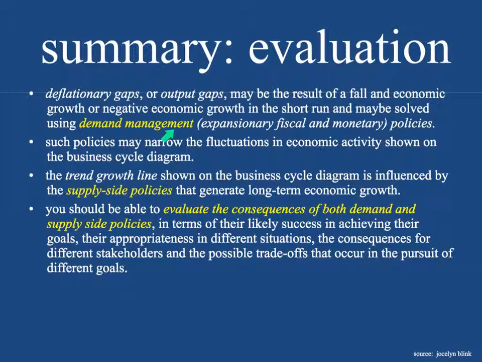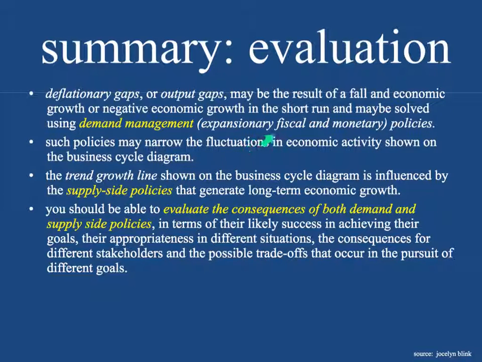So you remember, you are the economist. You have to have answers, evaluation, make a judgment. Evaluation means you make a judgment. If it's demand side, you can use expansionary fiscal policy or expansionary monetary policies, right? And such policies may narrow the fluctuations in economic activity on the business cycle diagram. Good.